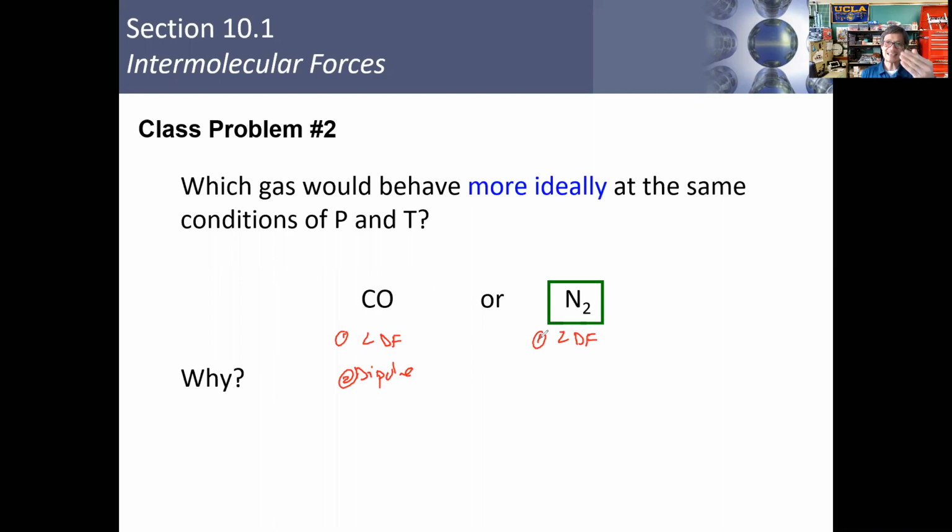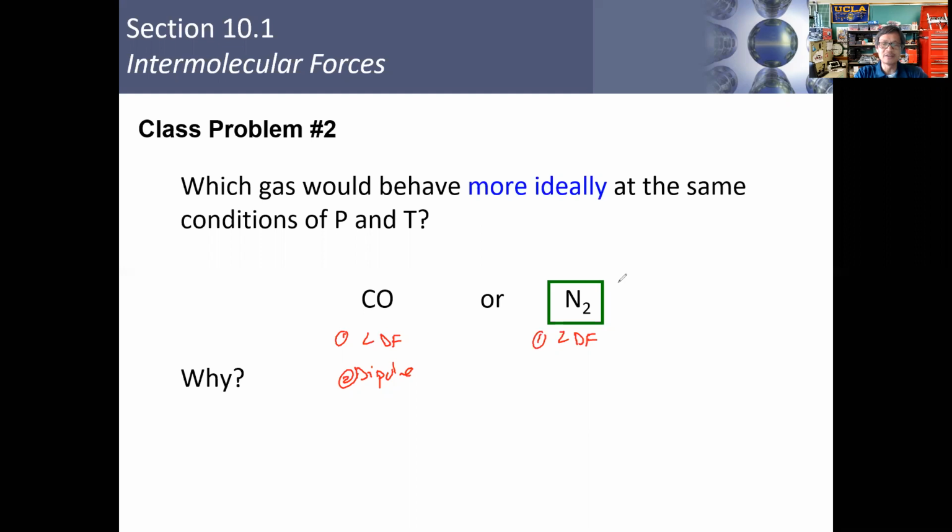So there are fewer interactions with the nitrogen particles, and therefore they will behave more like an ideal gas, because they have fewer attractions from one another. You have a lot of attractions here, two compared to one. If you think about it, we have two particles that are almost identical to one another. Both of their molecular weights are about 28 grams per mole, and they both have 14 electrons.